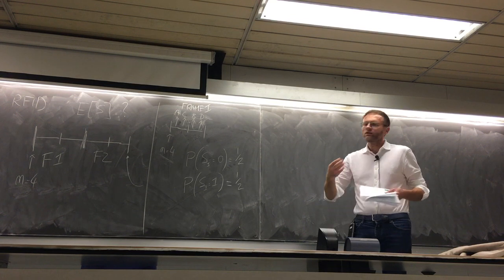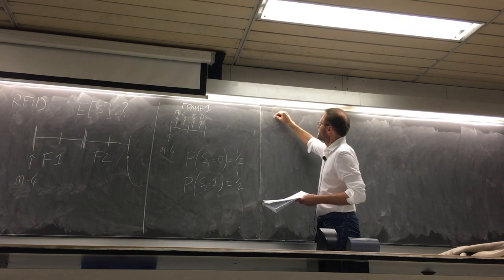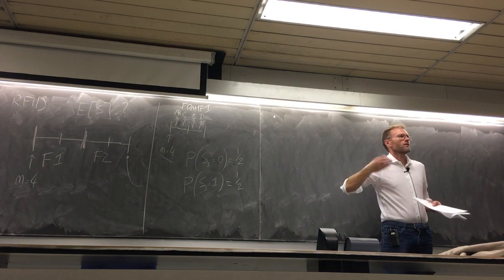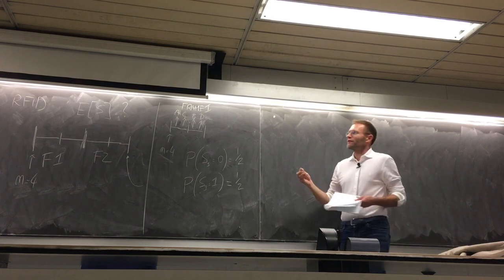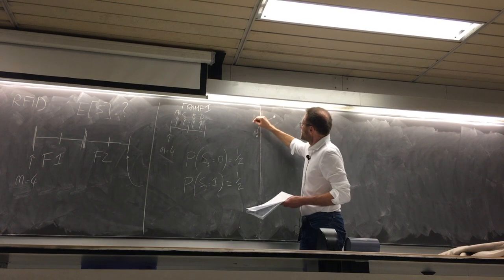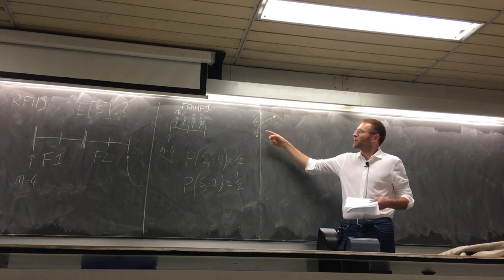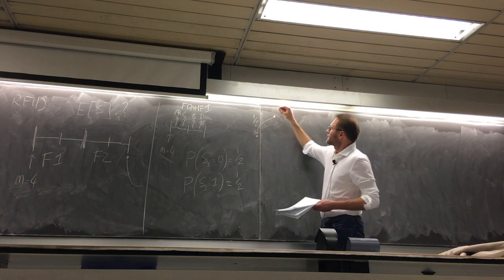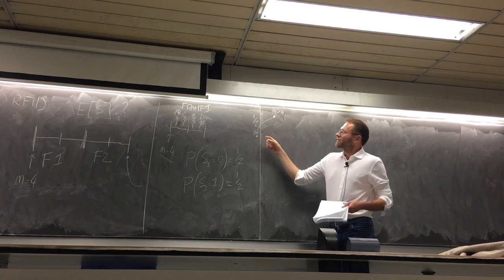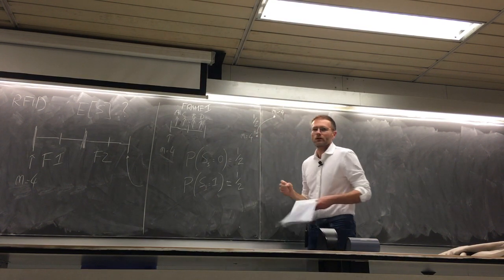If you want to picture it on a graph, at the very beginning we are at a given point here. That's our starting point of the first frame. Then at the end of the first frame, we travel to another point here with probability 1/2. At the beginning we have 4 tags to be resolved. With probability 1/2, we still have 4 tags to be resolved, and it's always equal to 4.